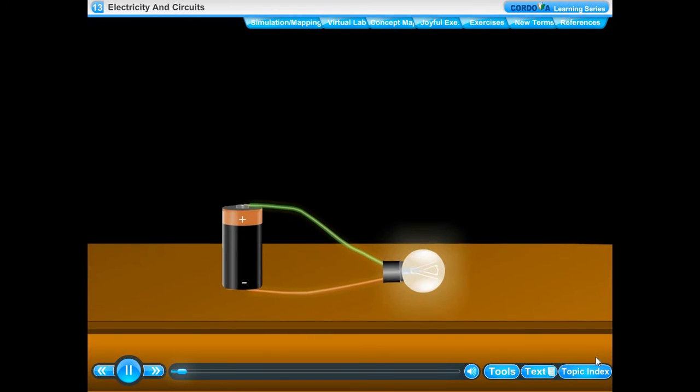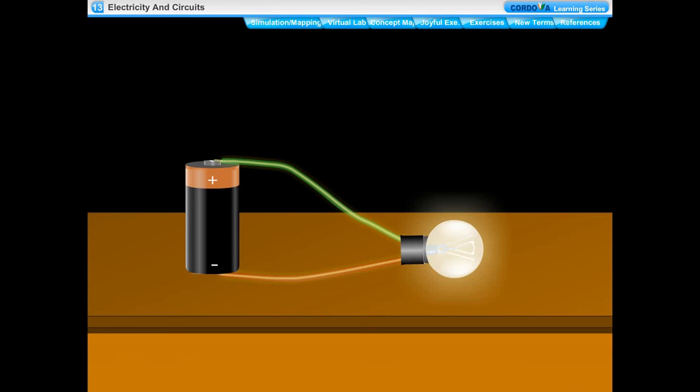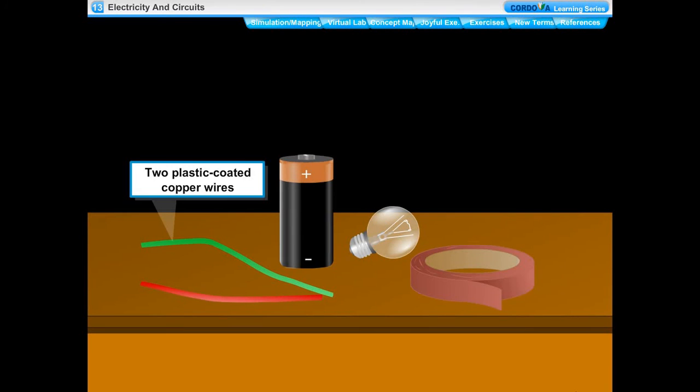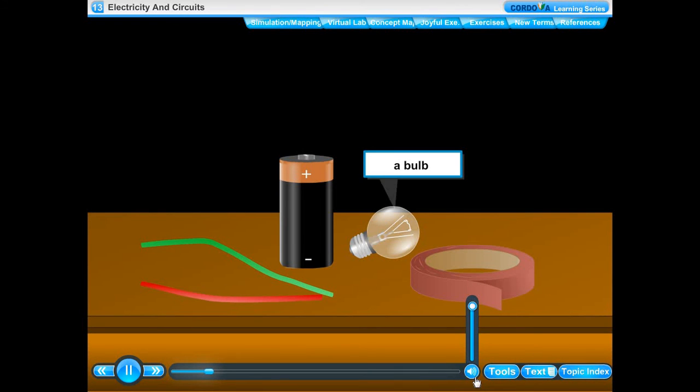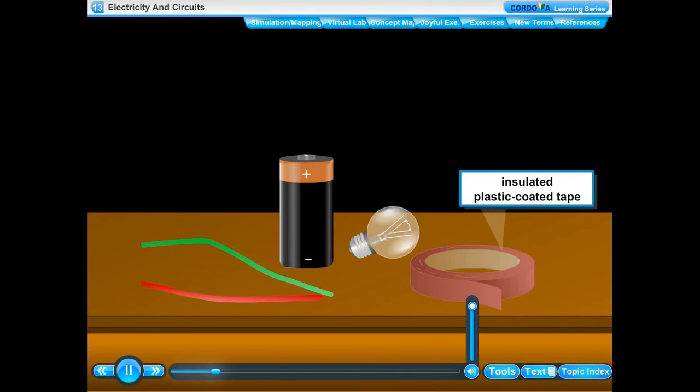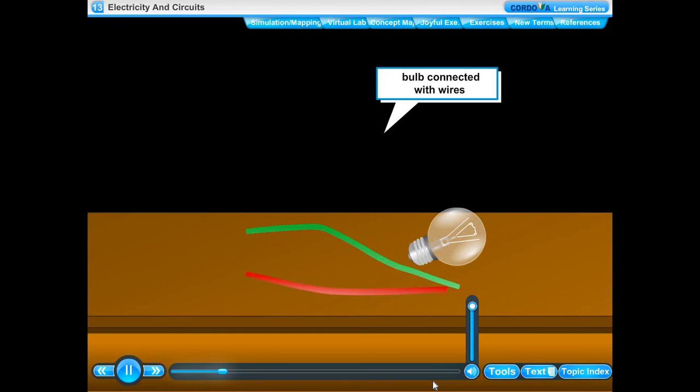Activity 3. To light up a bulb with an electric cell. Things needed: 2 plastic-coated copper wires, an electrical cell, a bulb, insulated coated tape. Method: take two plastic-coated copper wires. With the help of an adult, remove the ends of each copper wire so as to expose the bare wire.